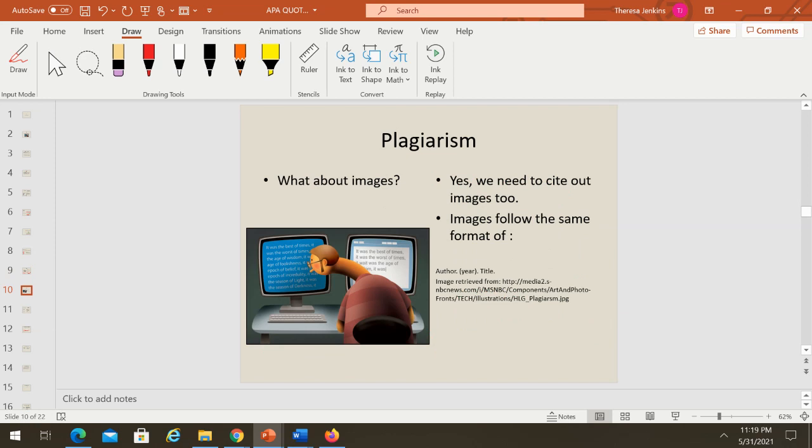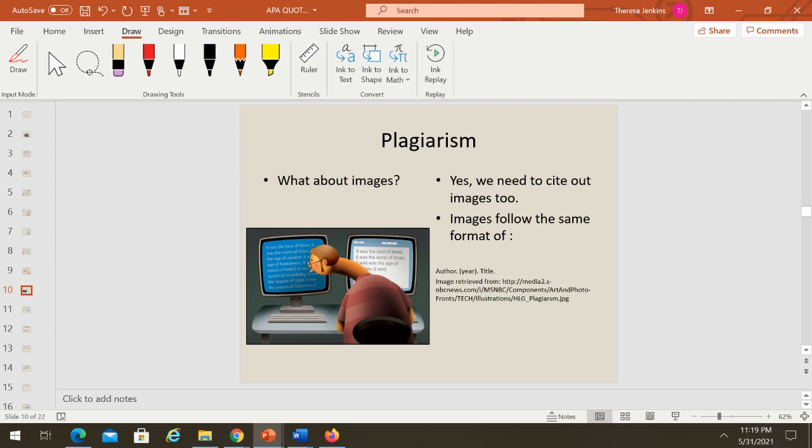Now, what about images? If you use an image inside of the classroom, it is required that you have a citation as well as a reference for that picture. Please understand, when you go to the internet, if you use Google or Firefox or Internet Explorer, when you cite and when you reference your image, then you cannot say Google, okay?